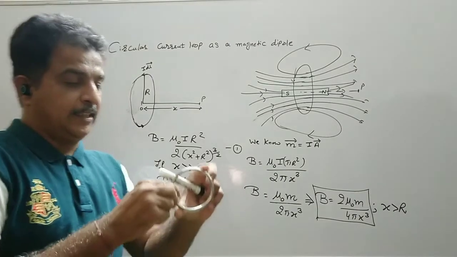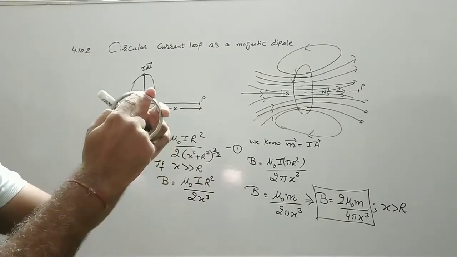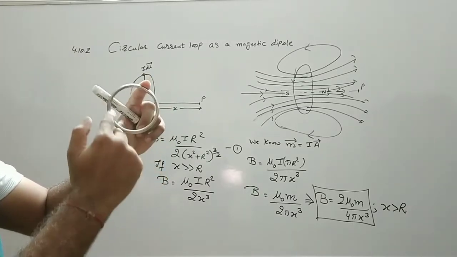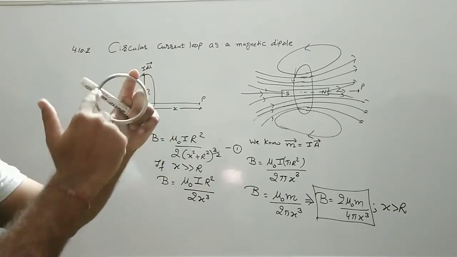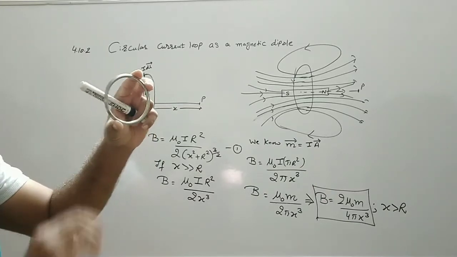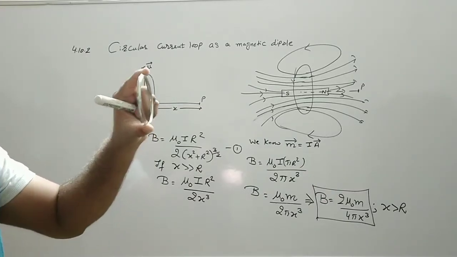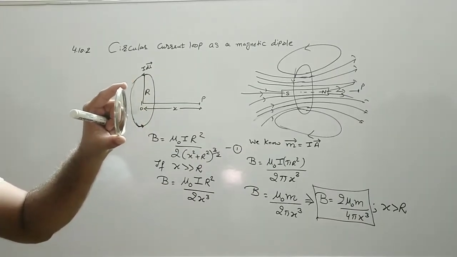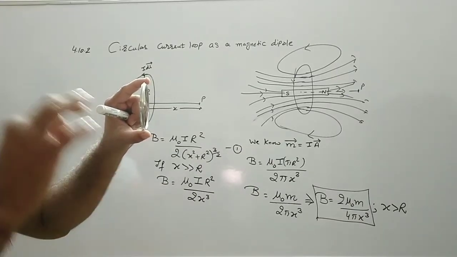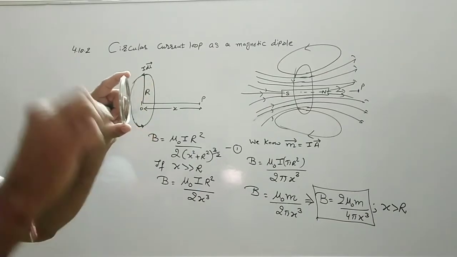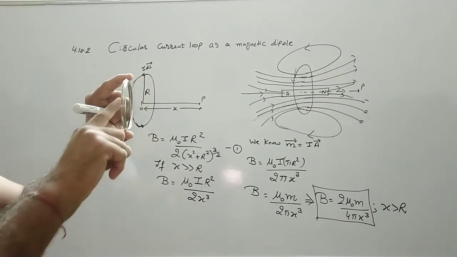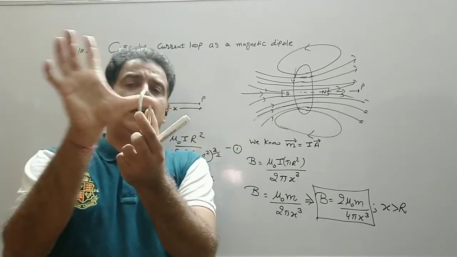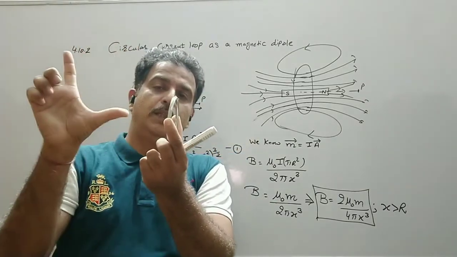If the current is flowing in an anti-clockwise direction, this is my north pole and its backside is a south pole. Now I keep this coil in the YZ plane. It should be clear that the magnetic dipole moment is from south to north. So south is at the back, north is in the front, and the dipole moment should be from south to north.